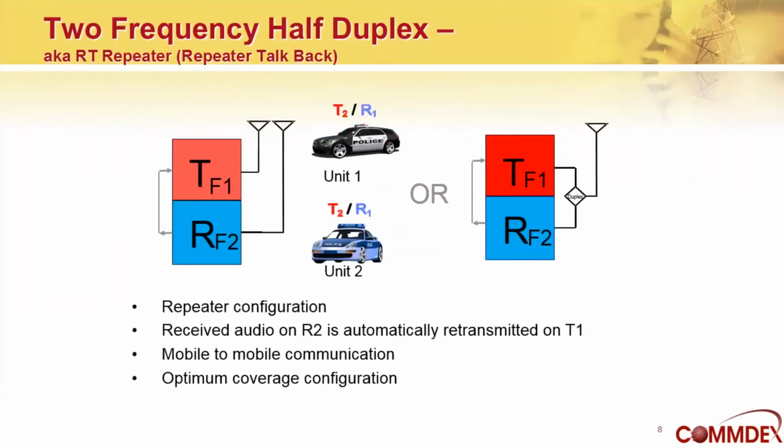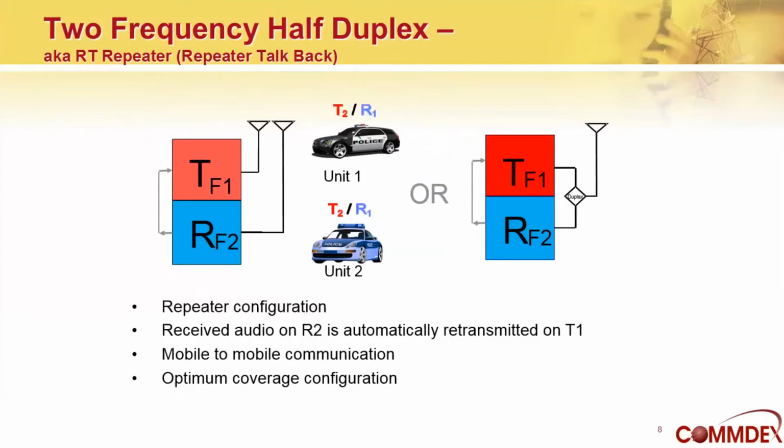Now, here's the most common thing we have out there in conventional, and that's called two frequency half duplex. Also, RT repeater, which stands for repeater talkback. A repeater is the most common way we have of extending range in a conventional system.